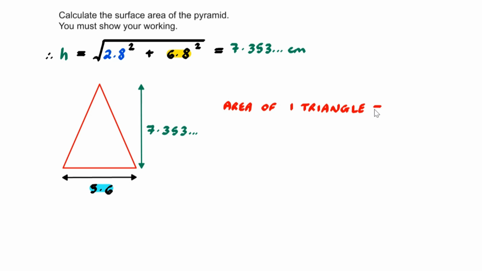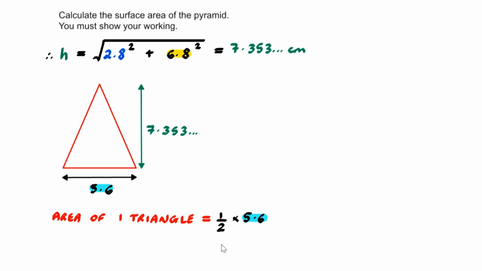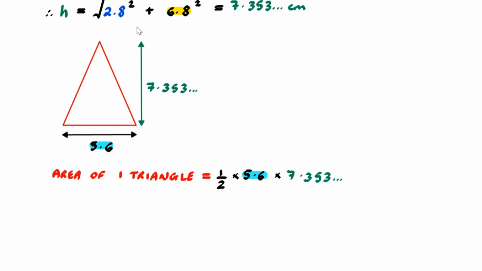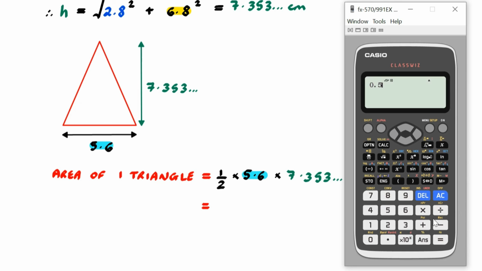We would have 1/2 times by the base of 5.6 and then we times this by the 7.353, etc. So if I work out what this is, the area of the triangle, I've got 1/2 times 5.6 times that.